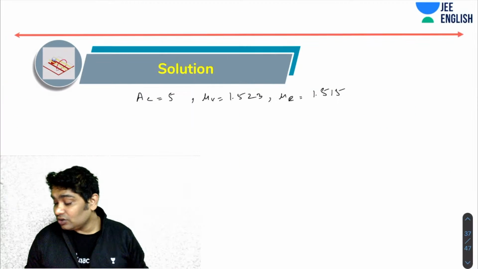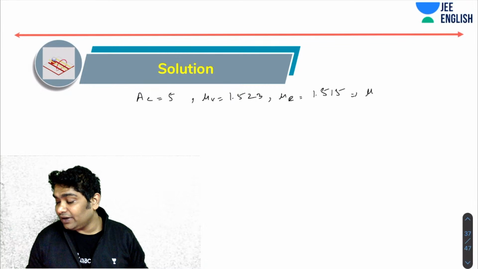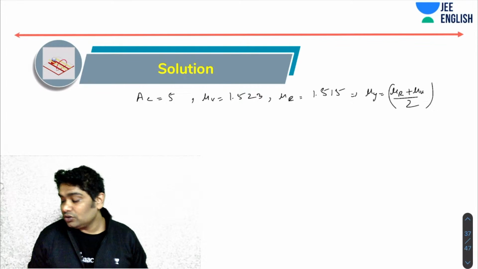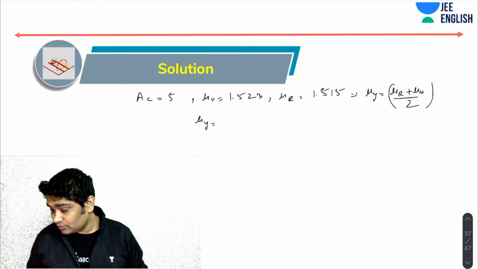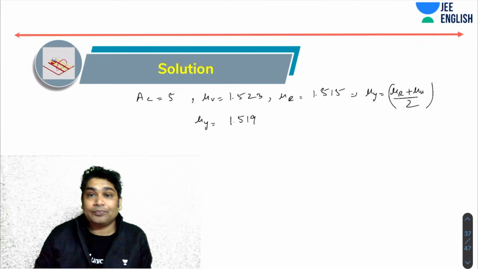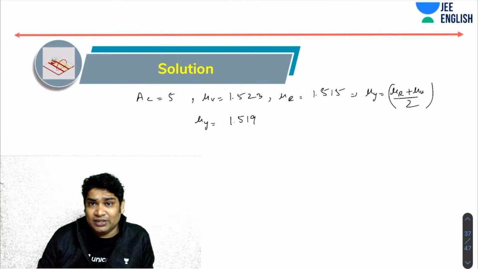Yes. So can I say therefore mu for yellow would be equal to mu R plus mu violet by 2. So mu of yellow would be simply 1.519. If I find the average, it will come out to be this.